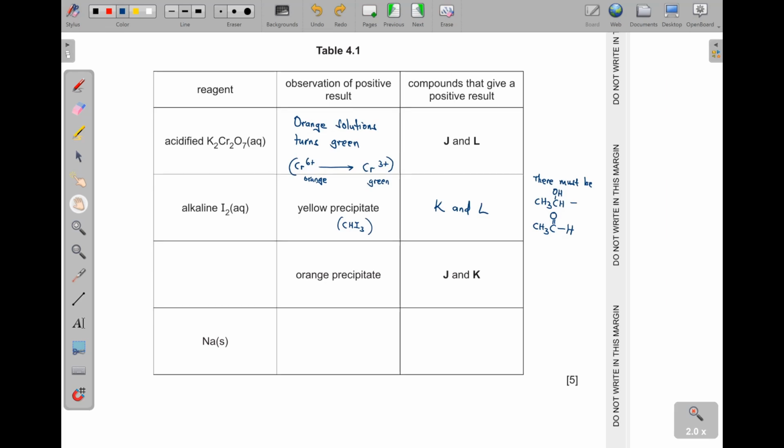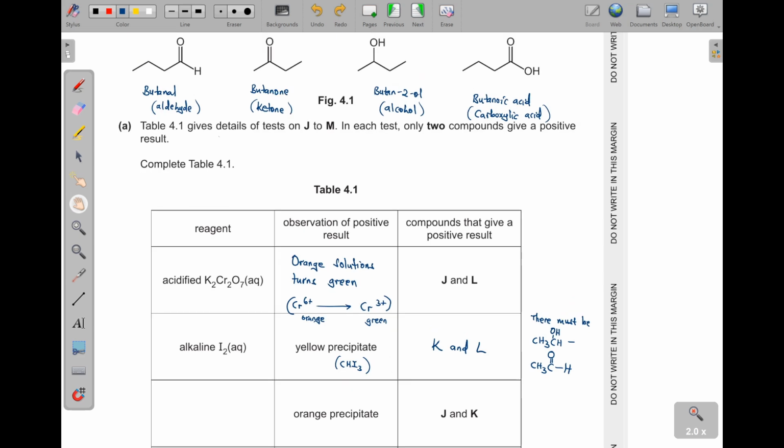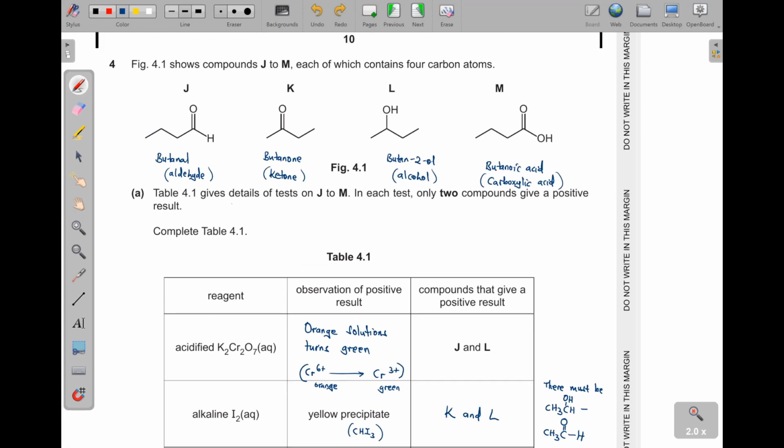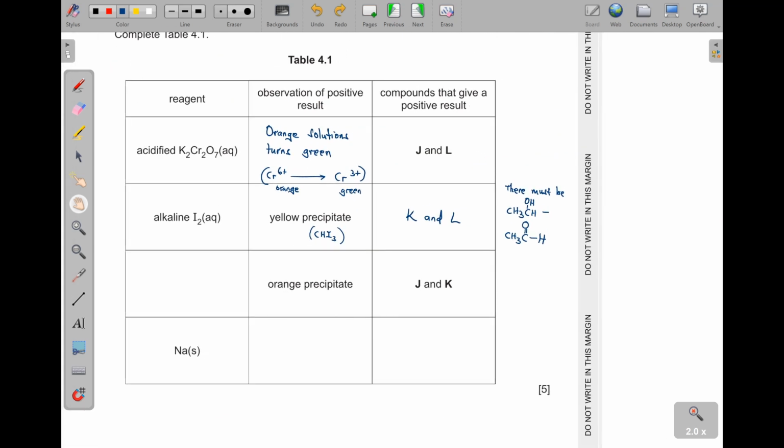And then the next one here, they are saying orange precipitate, but then it is J and K. Now, J is an aldehyde and K is a ketone. So the one that gives a positive test with both of these, that orange precipitate, is 2,4-dinitrophenylhydrazine.